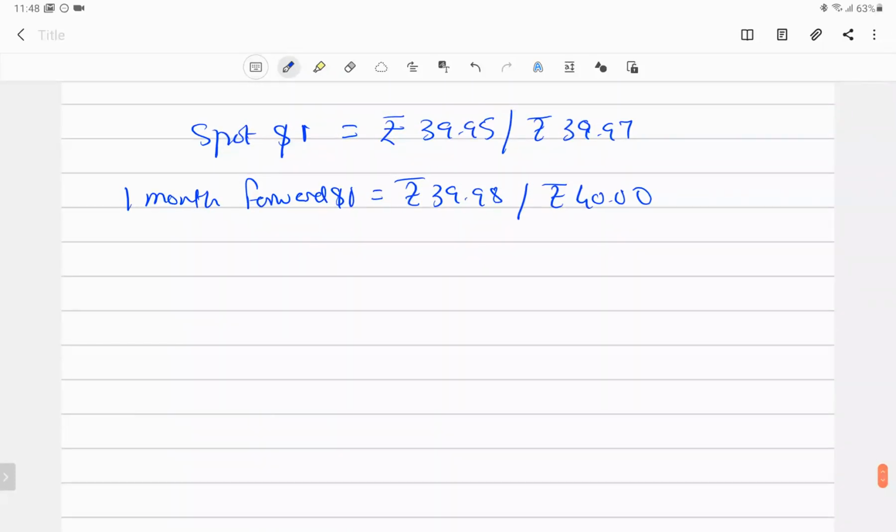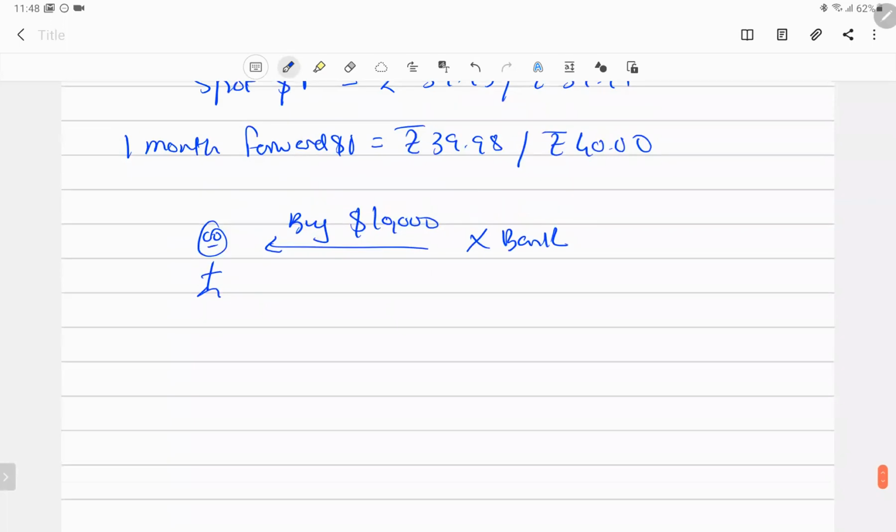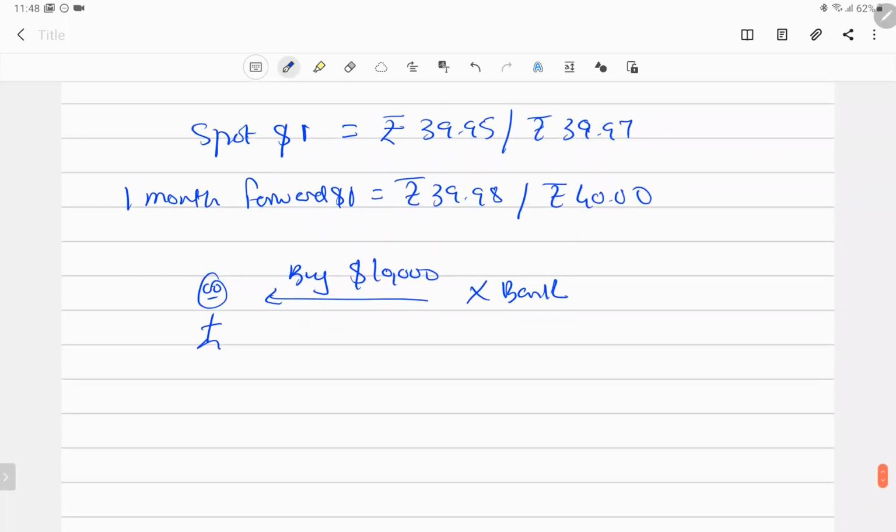Okay, so normally suppose a person agrees to buy $10,000 on a 1 month forward basis from an X bank. Okay, so how much does he have to pay?